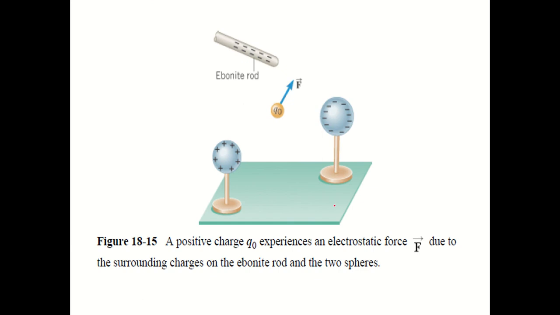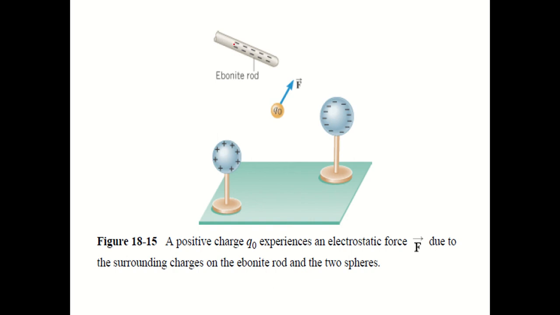This is an example of a positive charge Q sub 0 experiencing an electrostatic force F due to the surrounding charges on the ebonite rod and the two spheres. So we have a charge here.